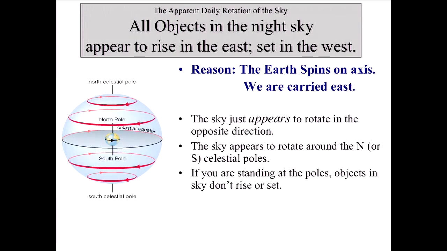And if you watch those stars, you'll see that they appear to pinwheel around, spin around the north celestial pole, taking 24 hours. They rise kind of in the east, and they set kind of in the west. They don't actually rise and set because the stars near the north celestial pole just go around and around and around the north celestial pole.